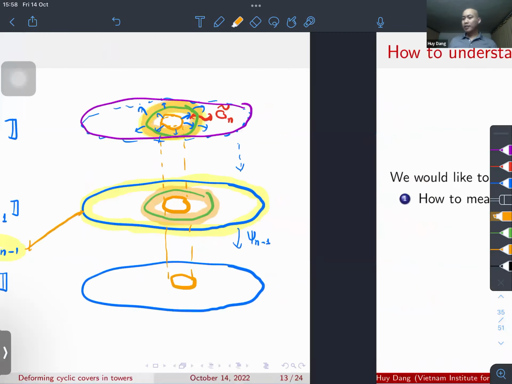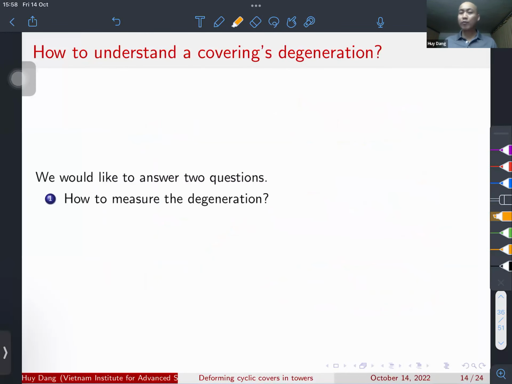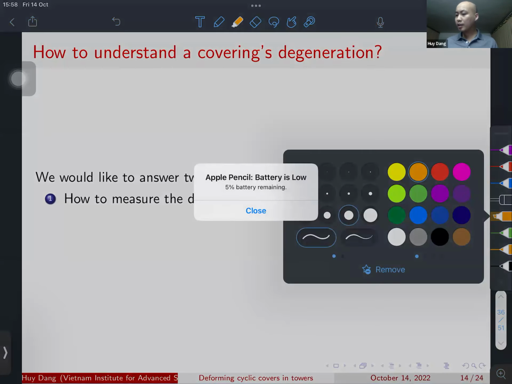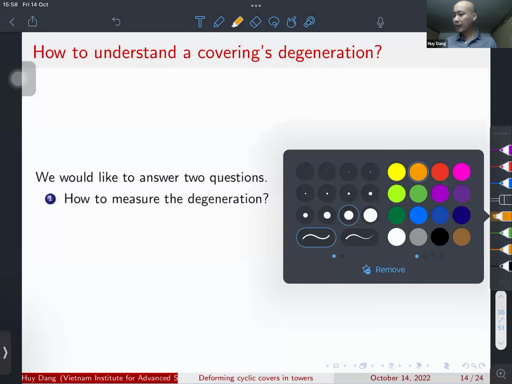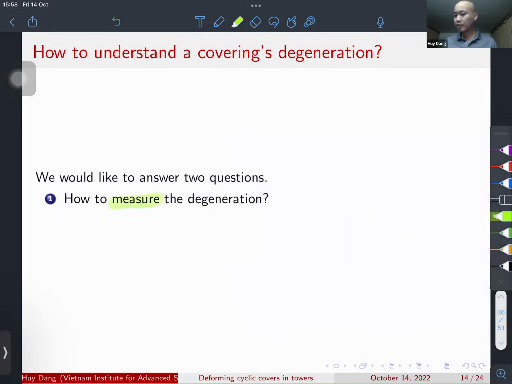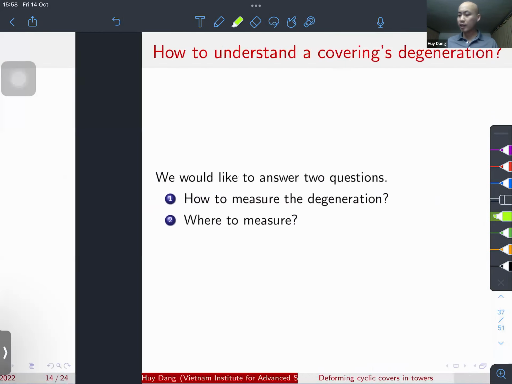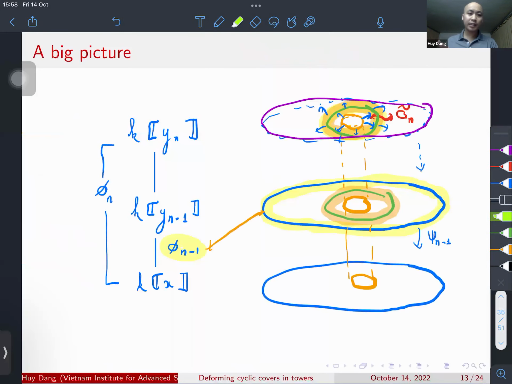Yeah. We want to understand the two following questions. The first one is how we measure the degeneration. The degeneration means the data on the boundary that I talked about. How do we measure it? And the second one is where to measure, because there are infinitely many subdisks inside here.